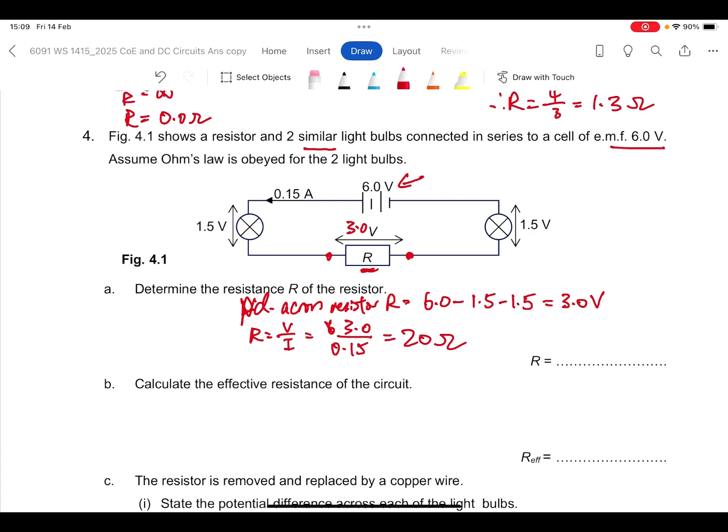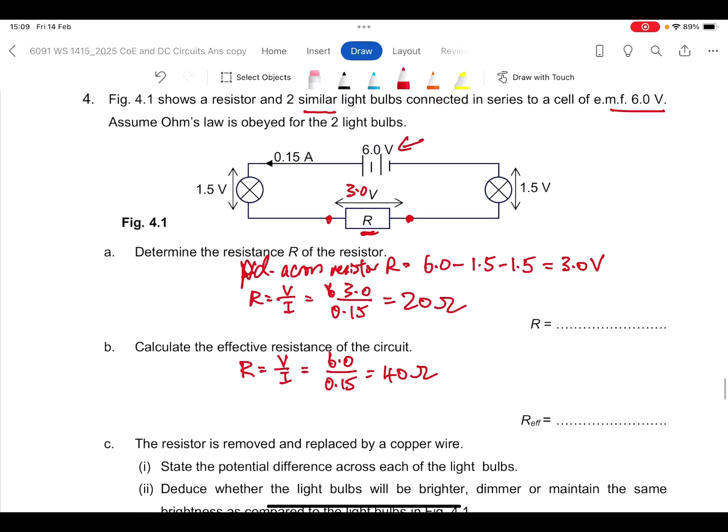And that is actually what you can do now. When you want to find the effective resistance, you can take the total EMF divided by the total current. Total EMF is 6 volts and the current is 0.15. So your total resistance will be 40 ohms.